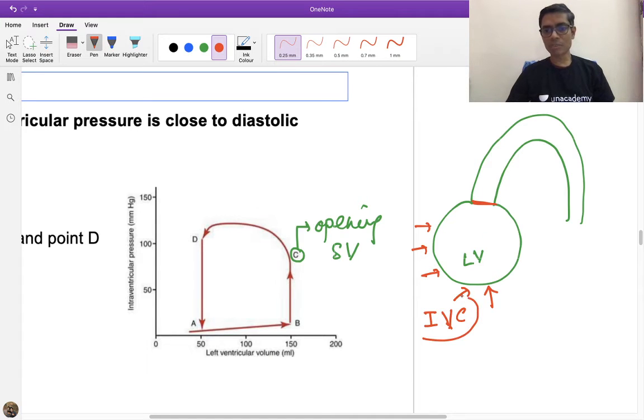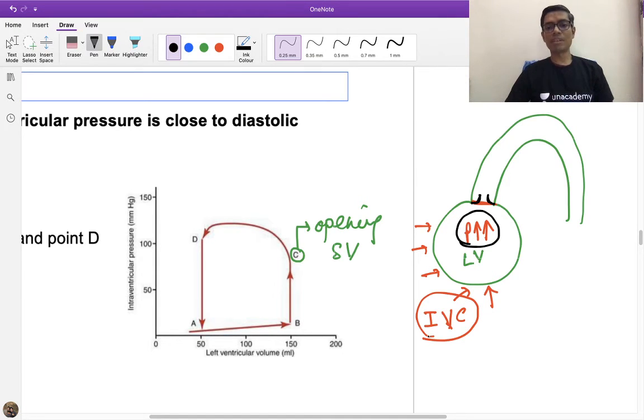In the isovolumic contraction phase, the ventricle is contracting more and more. So what will happen to the pressure within the ventricle? It will increase. Now what is the target of this increase in pressure? The ultimate target is to open the semilunar valves. Now, to open these semilunar valves, how much pressure does the ventricle have to generate?